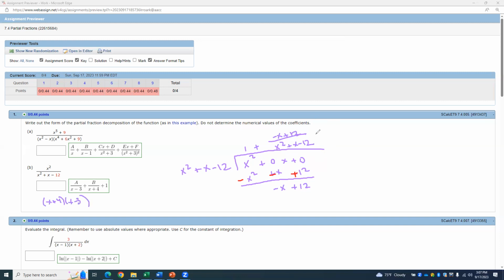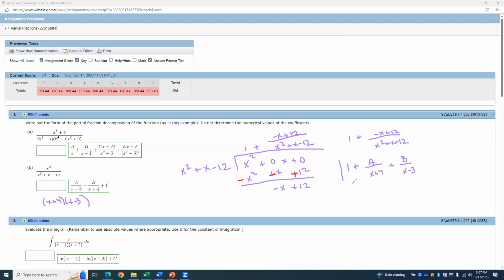So if I wanted to rewrite 1 plus (-x plus 12) divided by x squared plus x minus 12, I would want to split this up into two different linear terms. So it's like a over x plus 4 plus b over x minus 3.